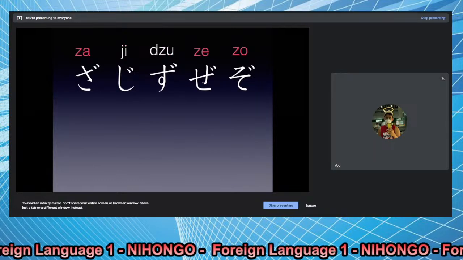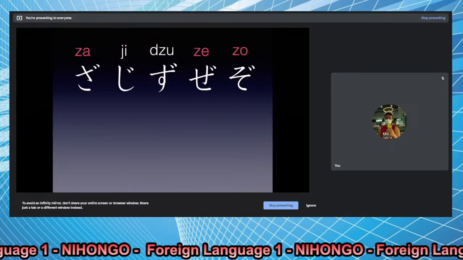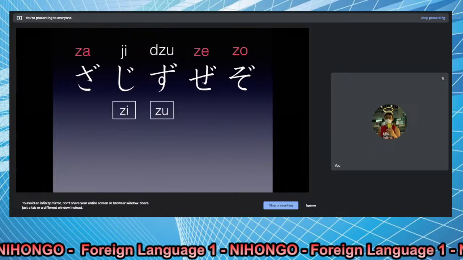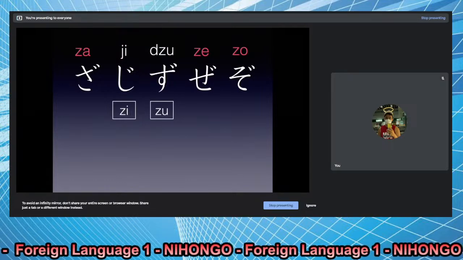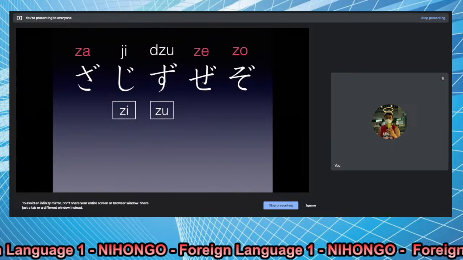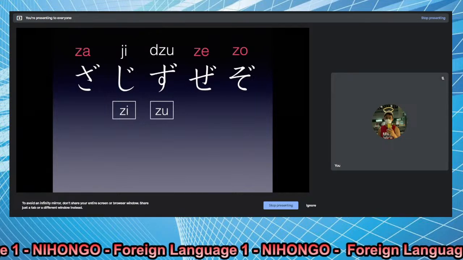I need to talk about these two sounds here. In Japanese, we don't have a Z sound and then another Z sound.